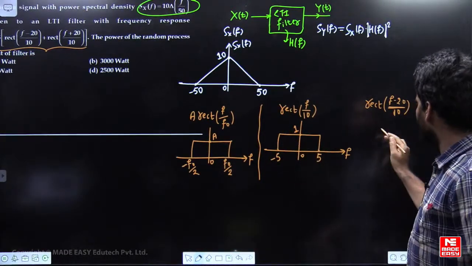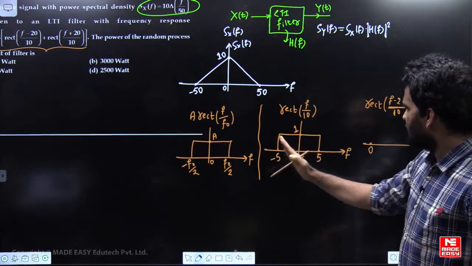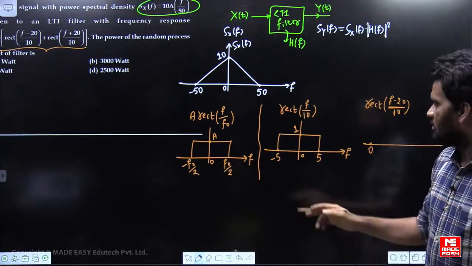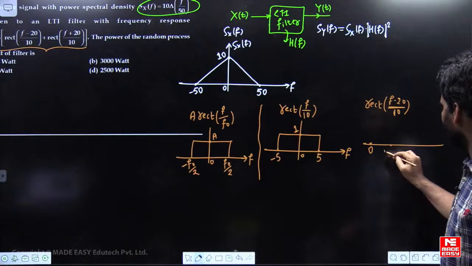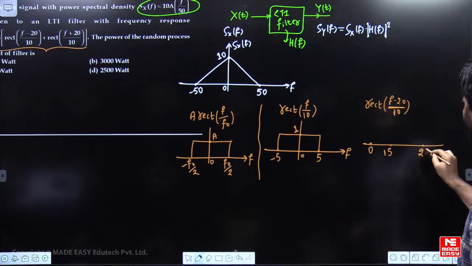Delayed means shifted to the right, so it is shifted right by 20 units. Shifted right means addition: minus 5 plus 20 is 15, and 5 plus 20 is 25.